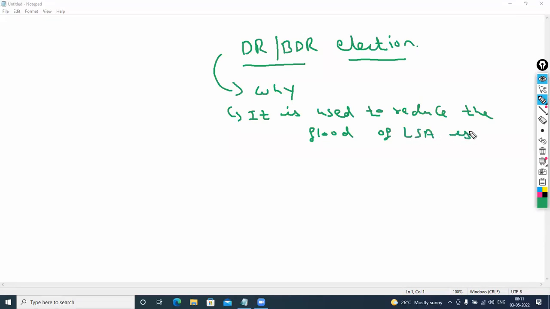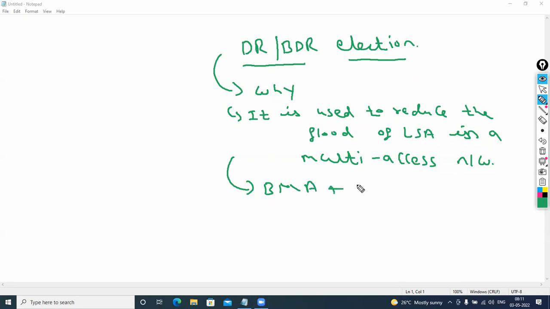In a multi-access network, DR BDR election happens in BMA networks. We'll talk about this when we talk about network types, BMA and NBMA networks.